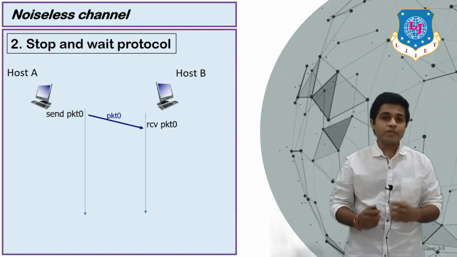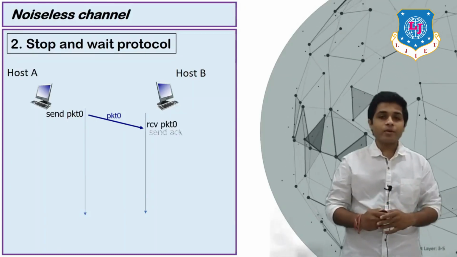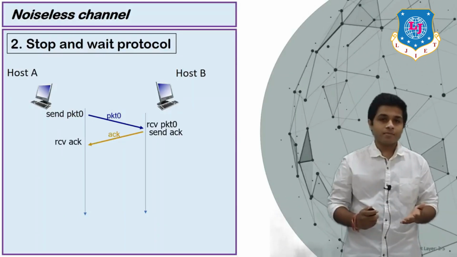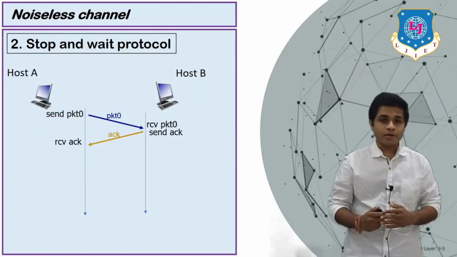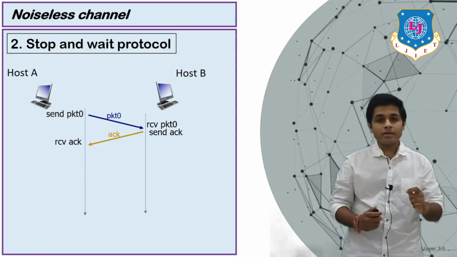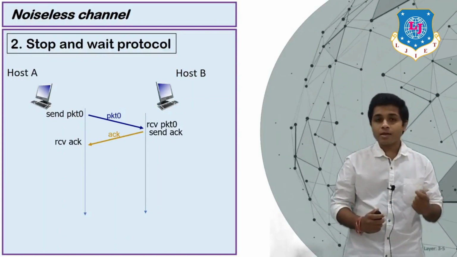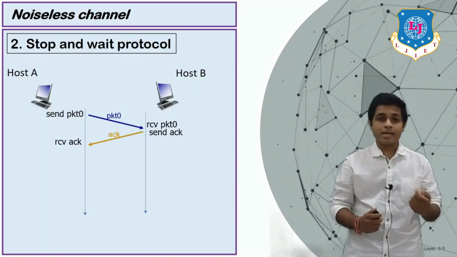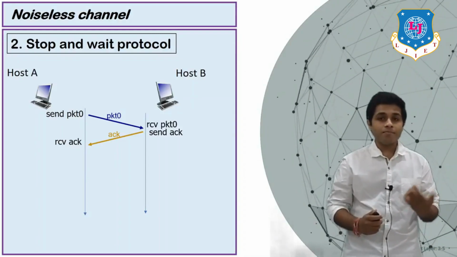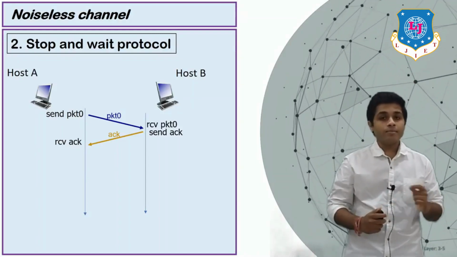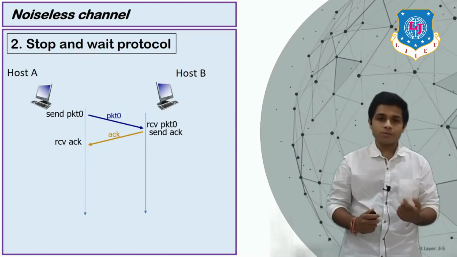So B has received packet 0, it will send the acknowledgement to A. A will receive the acknowledgement. From the acknowledgement, A will think that okay, packet 0 sent by me is received by B successfully and now B is expecting the next packet.